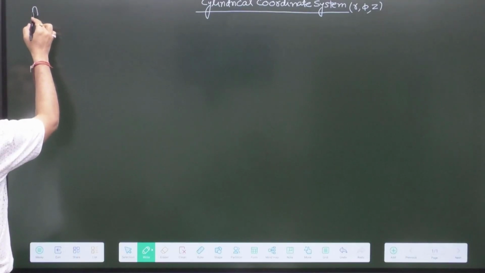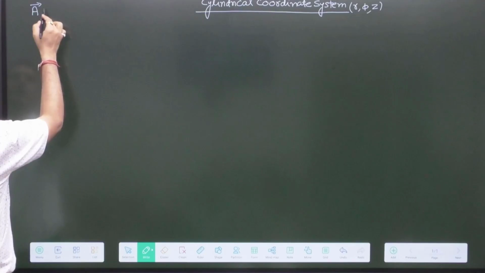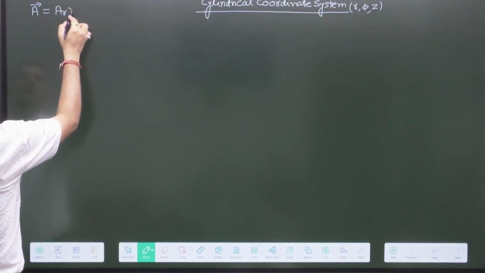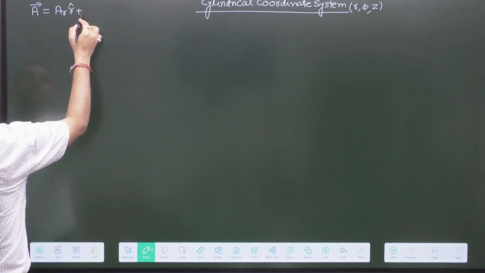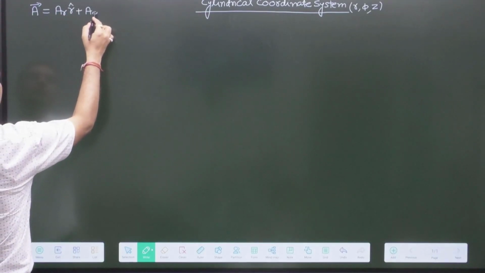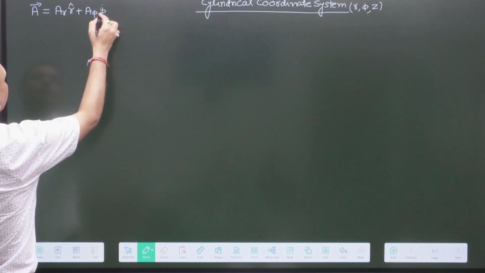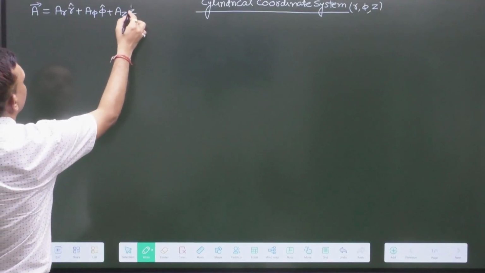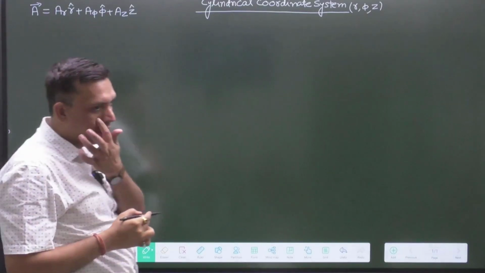So any vector A can be represented as A r r cap, A phi phi cap, and A z z cap. This is vector A in the cylindrical coordinate system.